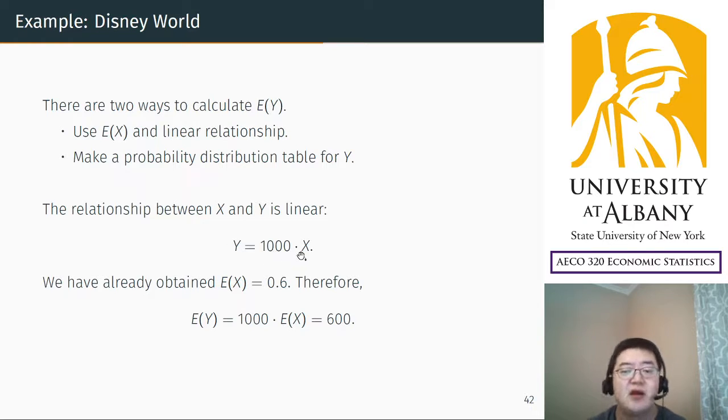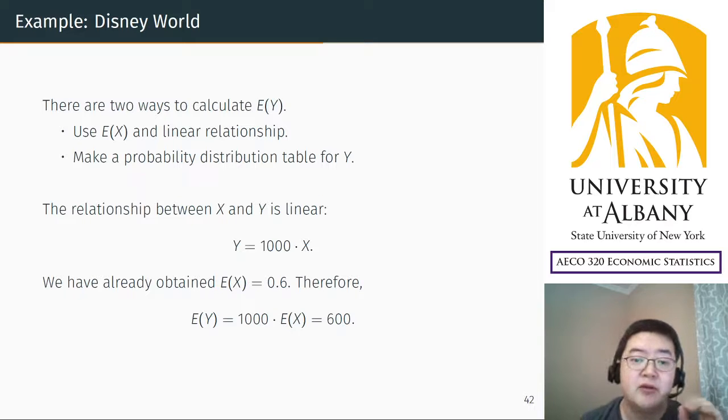So if I don't go to Disney World, then spending will be zero, of course. But if I go once, then it will be 1,000. If I go twice, then it will be 2,000. So the relationship is quite clear, simple, and it's linear, as you see. It's multiplication of 1,000 plus adding 0.